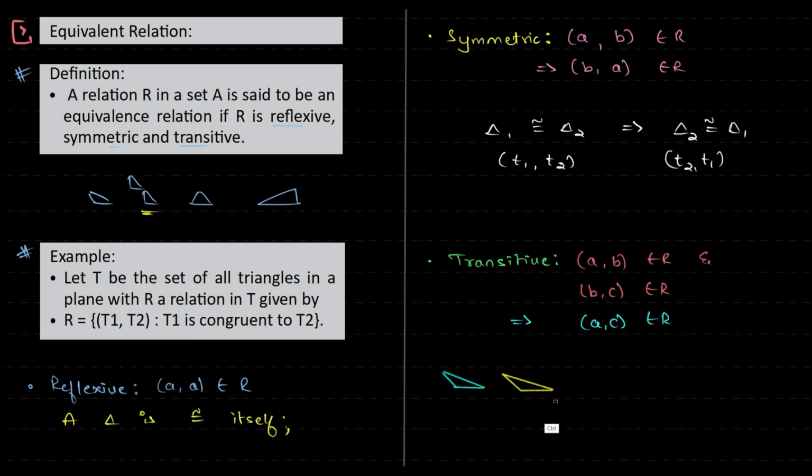I have one more pair, this being the first, and imagine that they are congruent. I might not be successful in doing that, so they look almost like congruent. Agree? So these two are congruent. These two are congruent.